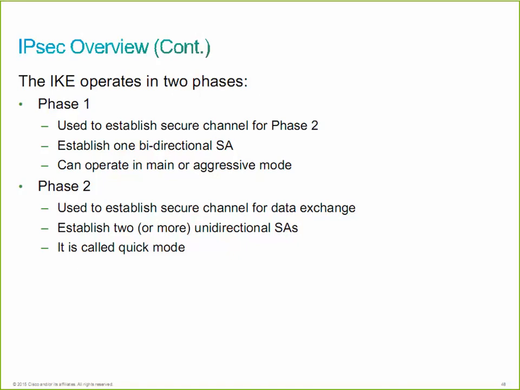And in addition, there's an additional level of protection in main mode exchange for peer identity. It doesn't support dynamic address peers. In other words, we have to statically define peers. We can't use dynamically addressed peers, especially if we're doing pre-shared key authentication, and the reason is that dynamically addressed peers can only work with public key infrastructure, or PKI, facilitated authentication. So we can't do that with main mode operations.